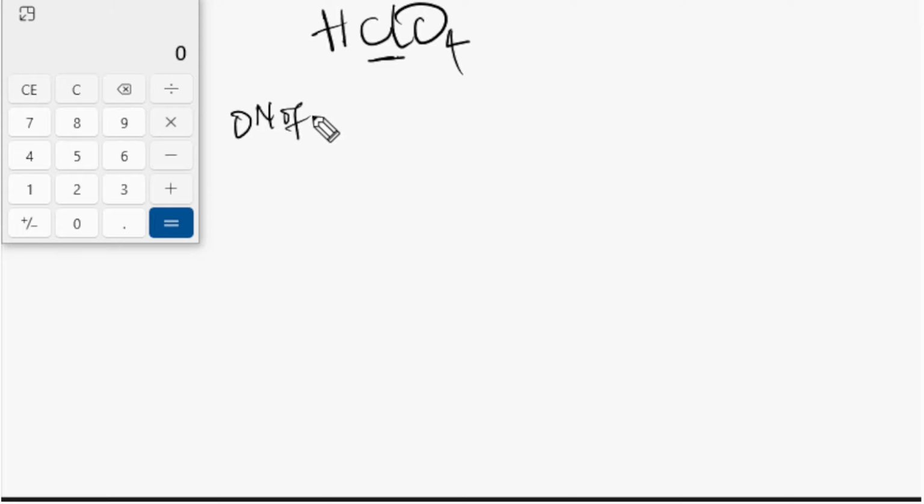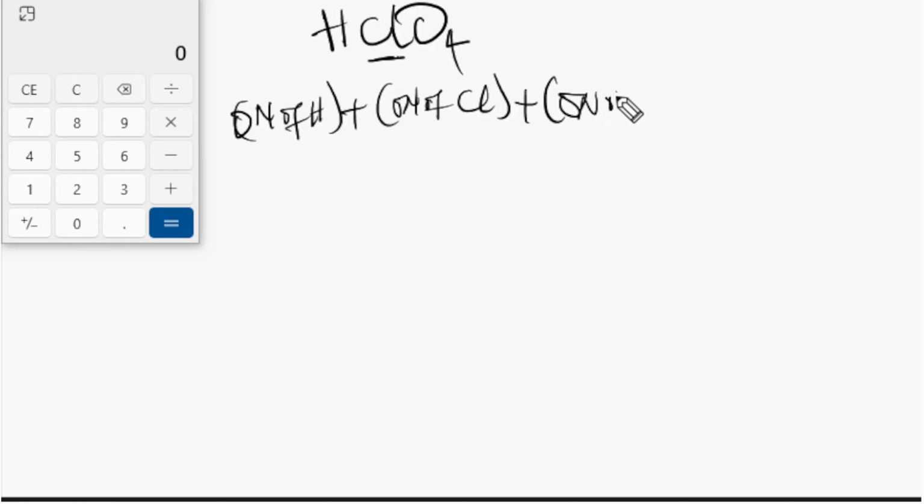A simple way to find the oxidation state of chlorine here is to add the oxidation number of hydrogen plus the oxidation number of chlorine, then plus the oxidation number of oxygen times 4. Remember that oxygen is 4 here, so you multiply it by 4 and then equate this to 0 because there is no charge here. If there is a charge, you equate it to the charge you have.